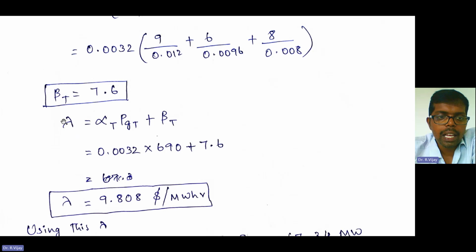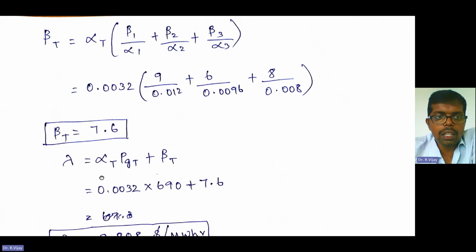So what is the general format for calculating the incremental fuel cost? Lambda is equal to alpha T into PGT plus beta T. So PGT, you know, is 690, because this fourth generating unit we neglected. So PGT is equal to 690 megawatt.